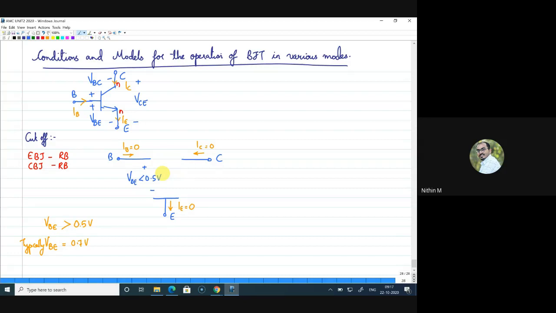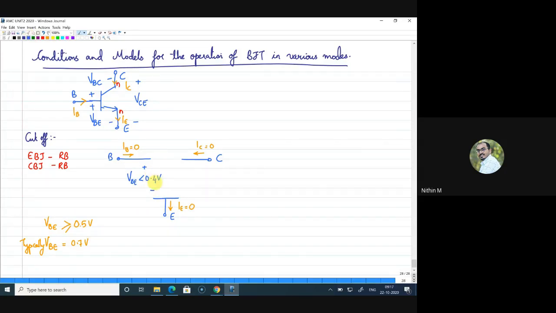Now again, for the collector base junction to be reverse biased, I'll assume greater than or equal to 0.5 here. We can consider this as 0.4 or 0.5, that is fine. Let me write it as 0.4 here.